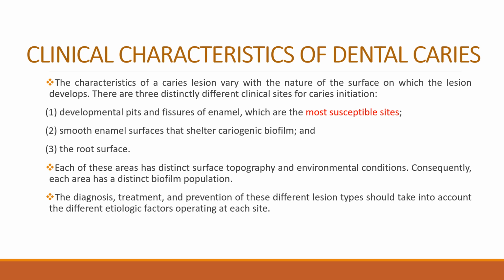Each area has a distinct topography and different environmental conditions, so they have a distinct biofilm population. Like we discussed earlier in a table, they had different predominant species: enamel, dentin, and root. So the diagnosis, treatment, and prevention of all these different lesion types usually take into account the different etiological factors which are operating at each specific site.